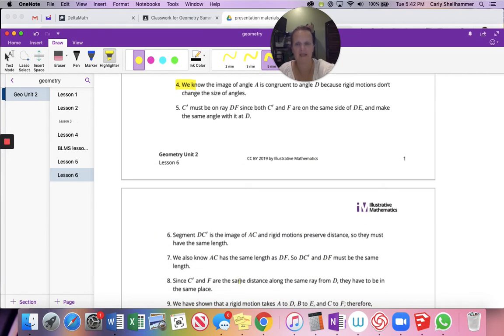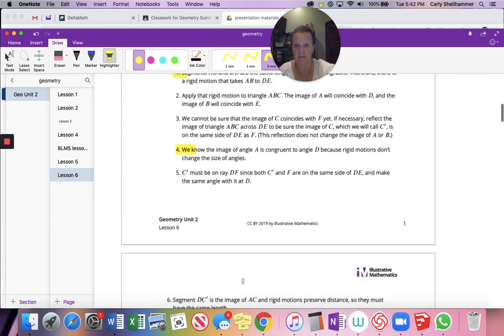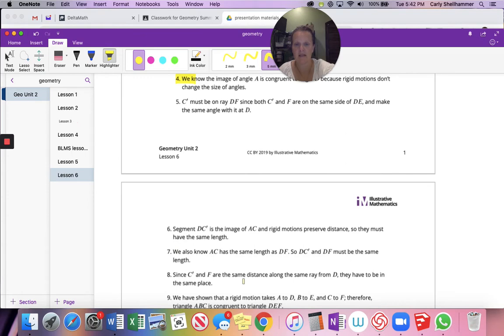Moving on, segment DC prime is the image of AC, and rigid motions preserve distance, so they must have the same length. But that is not anywhere in our givens. We also know that AC has the same length as DF.